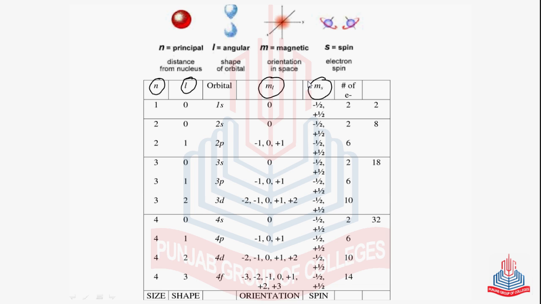In the last columns, we have the number of electrons in the subshells and lastly, the number of electrons in the shells. और इस टेबल को देख के हम आसानी से समझ सकते हैं that if the value of n is known, we can easily conclude and tell about the value of L. We can also tell the value of m and then the spin, that either plus half or minus half. And lastly, we can also calculate the number of electrons in the shell and in the subshell as well.